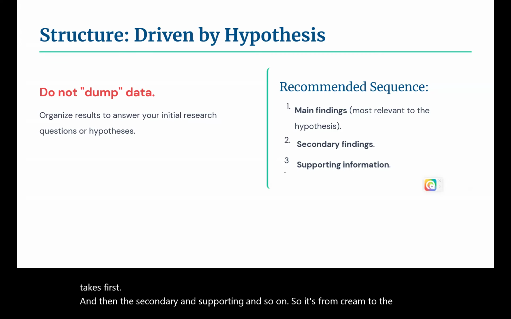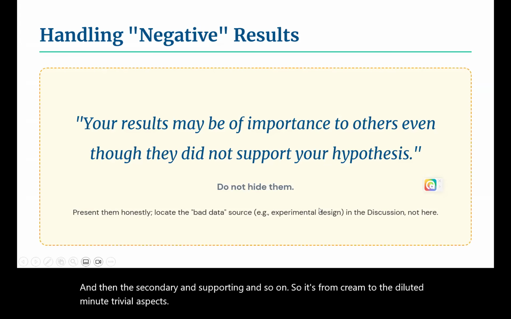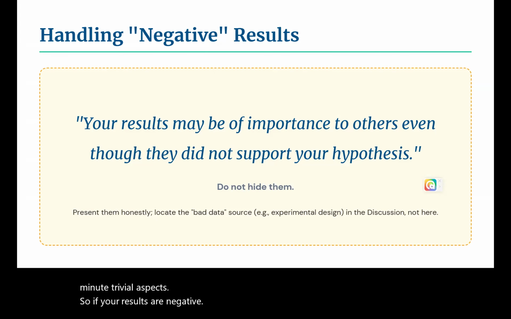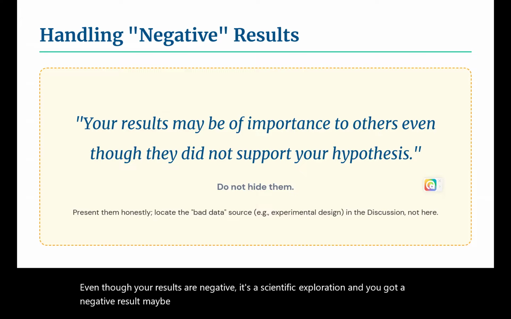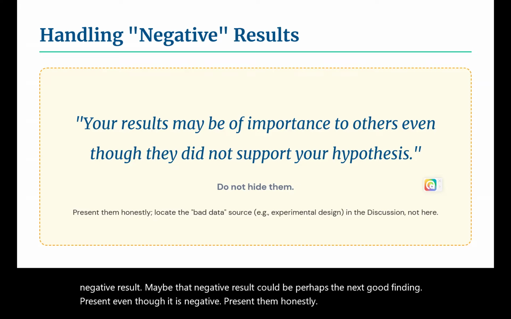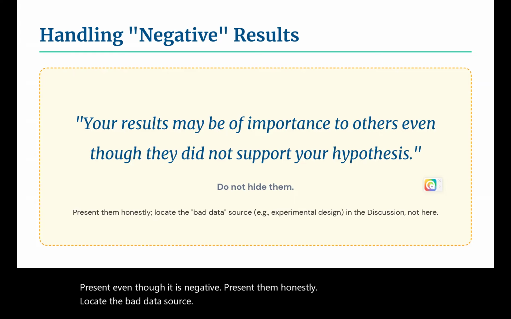Well, if your results are negative, right? Even though your results are negative, it's a scientific exploration and you got a negative result. Maybe that negative result could perhaps be the next good finding. Present them honestly, even though it is negative. Locate the bad data source in the discussion, not here.